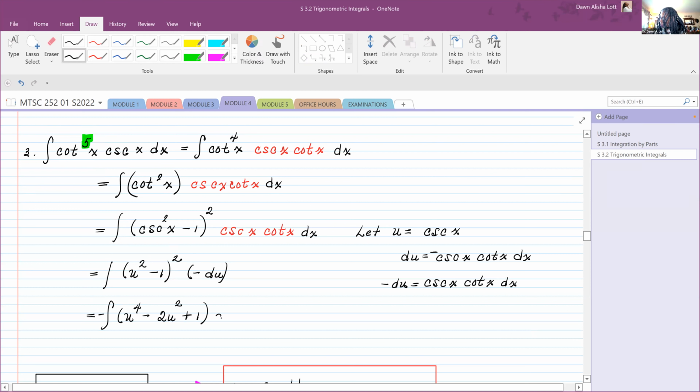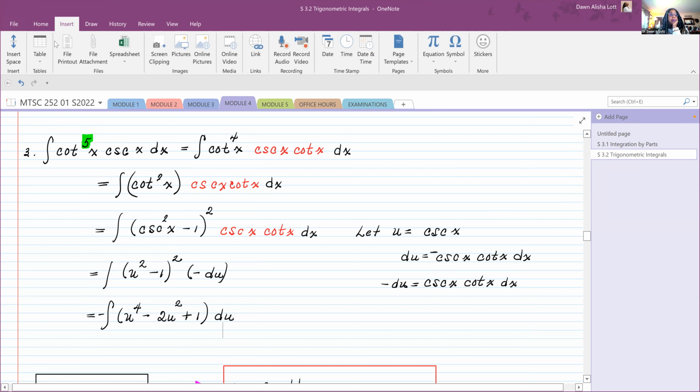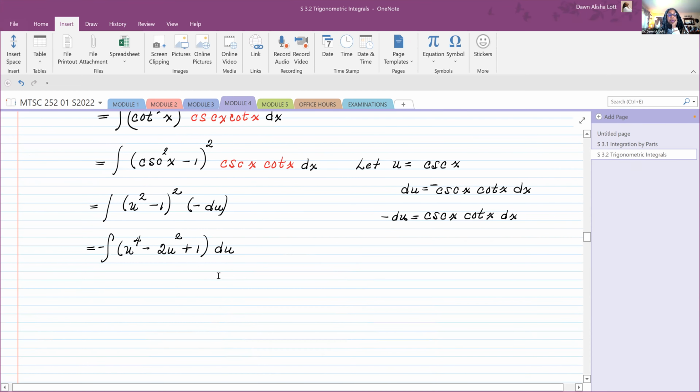Does everybody see where we are, despite the fact that we were interrupted by computer failure? So this is minus 1 over 5 u to the fifth minus 2 over 3 u cubed plus u, evaluated like that.